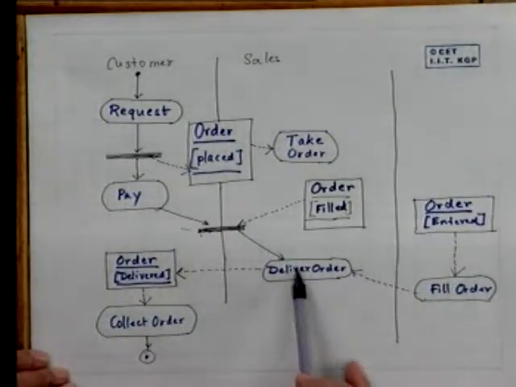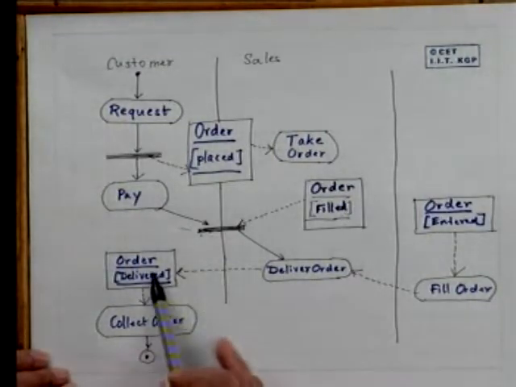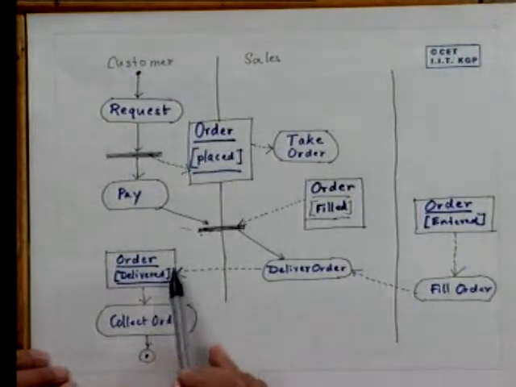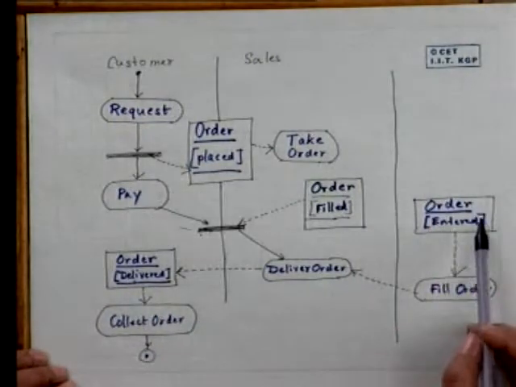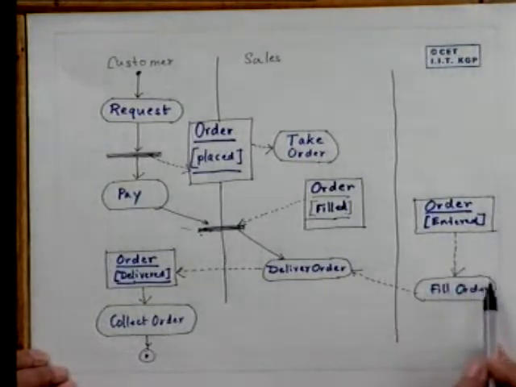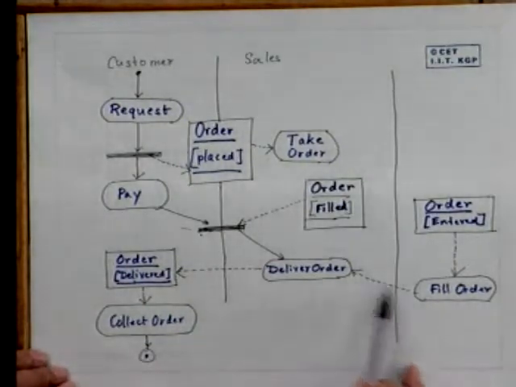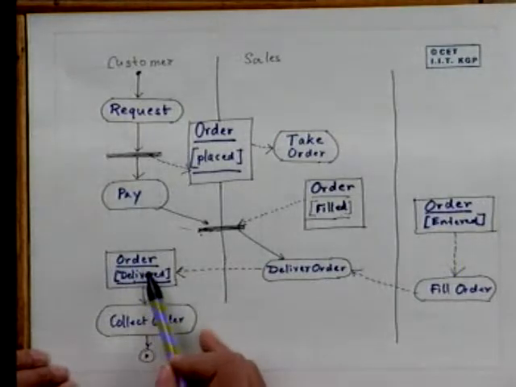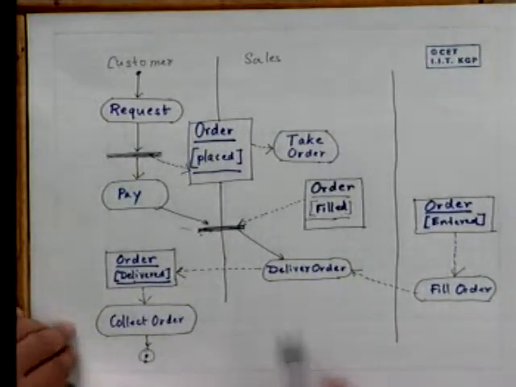and then the deliver order action state goes to the deliver order action state, and deliver order deals with the order whose status is delivered, and on this side we have order which is entered and which is fed to the fill order action state, and there is a relationship from fill order to deliver order, and the order delivered is fed to collect order, and this is the end of the activity diagram.